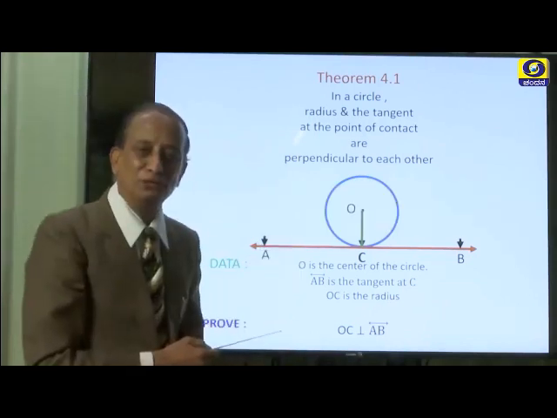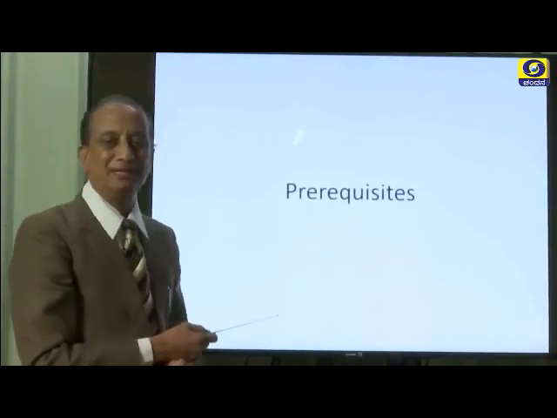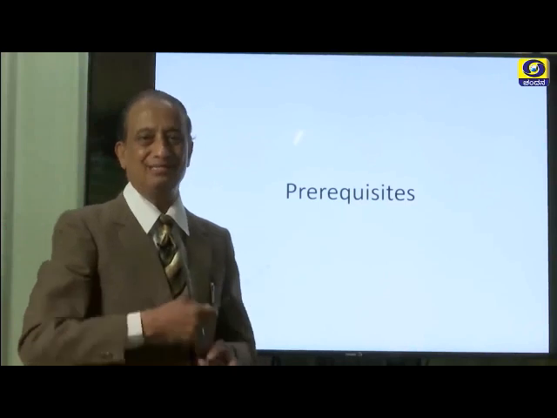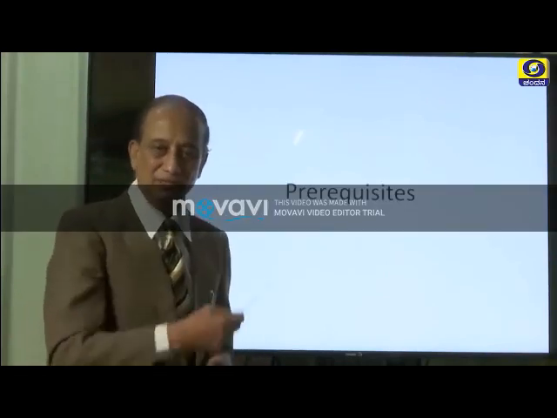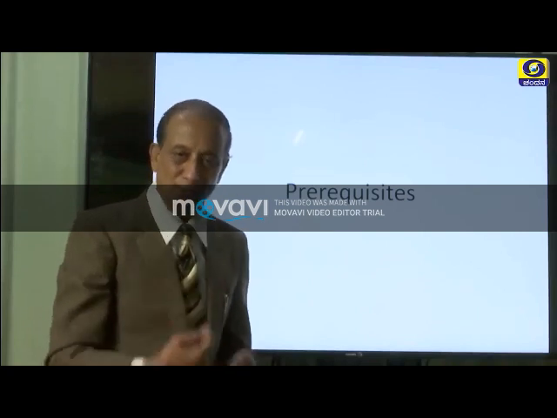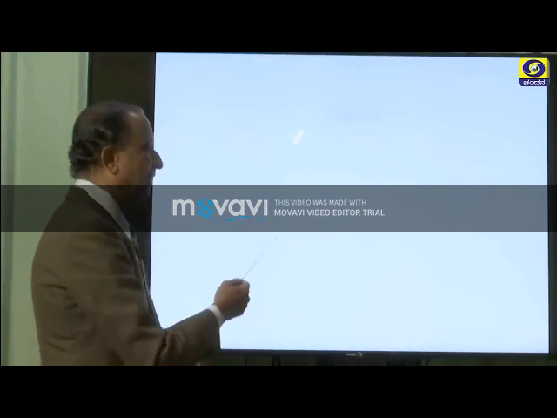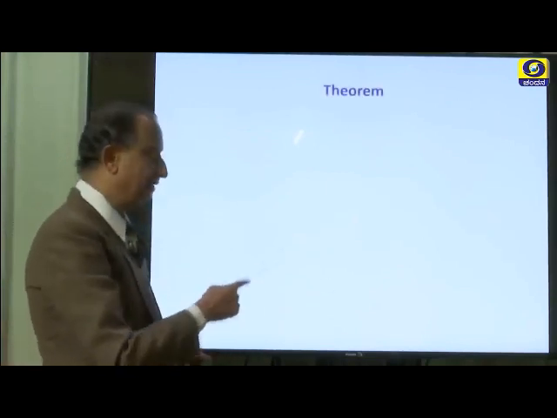Children, if you want to prove this, we need the help of some prerequisites, whatever we have learned in our lower classes, say 8th, 9th and before the first term. All these things will be very helpful to understand this. So, let us try to understand whatever prerequisites are there in order to prove this particular theorem.